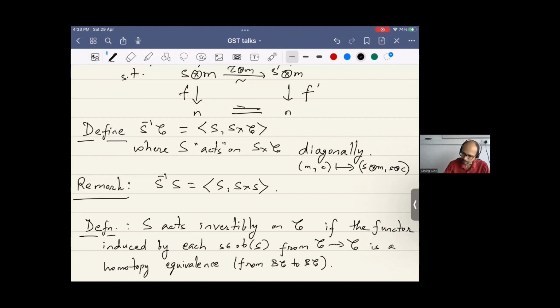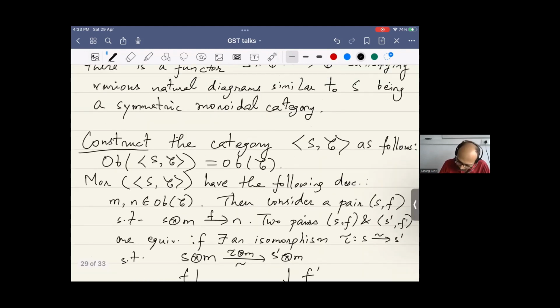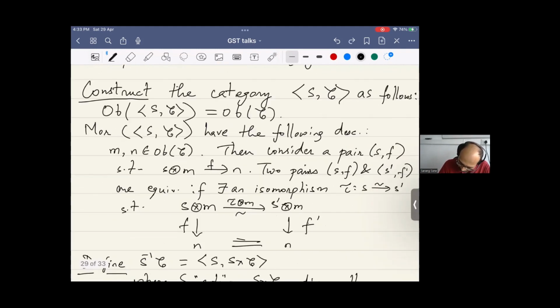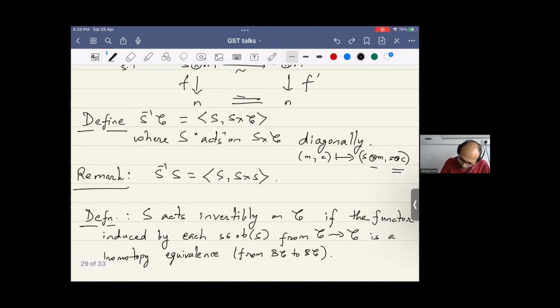This is the tensor in the symmetric monoidal category. This is the tensor that was up above here. I didn't call it tensor, but I'm using tensor for that. Okay, so that's the definition of S inverse C.